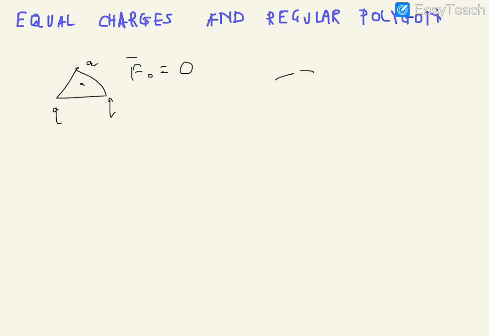So let's say I have a bigger regular polygon, and all the corners have the same charges. Then the force at my center will be 0.